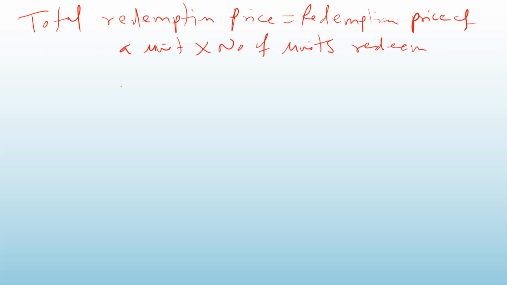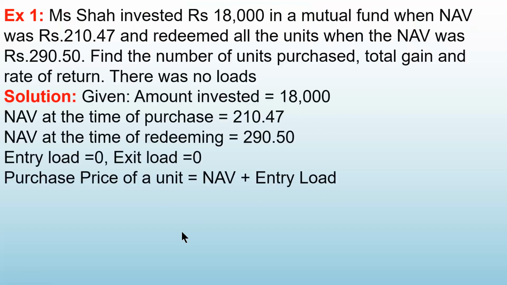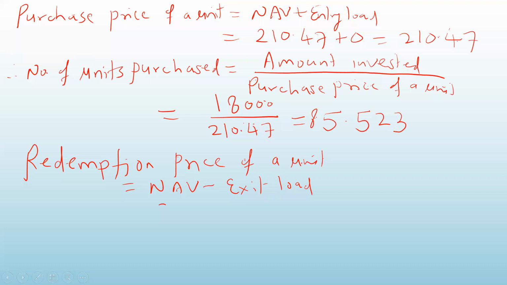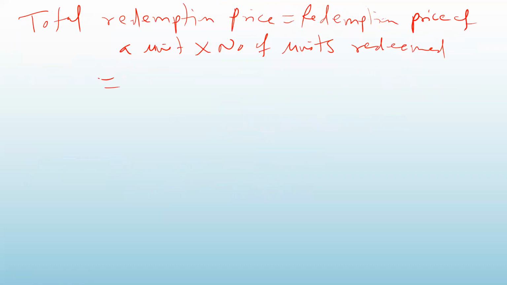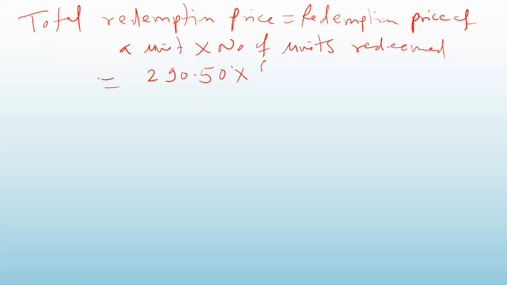The redemption price of one unit is 290.50, and the number of units is 85.523. So multiply them.